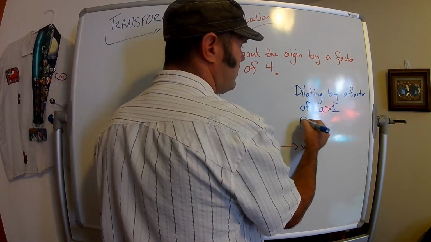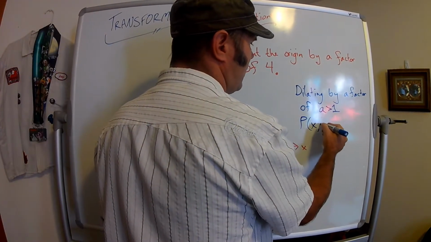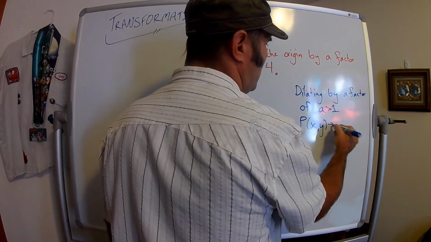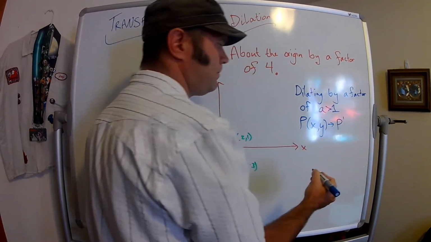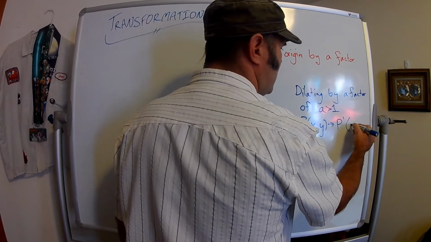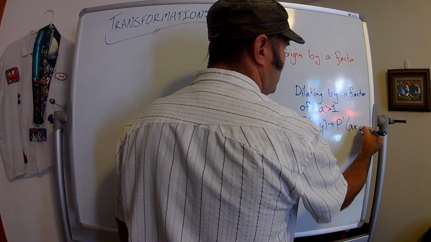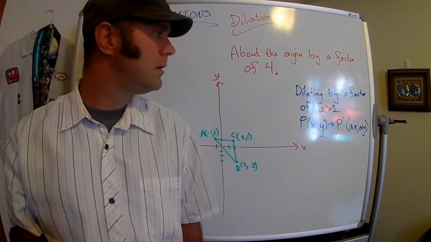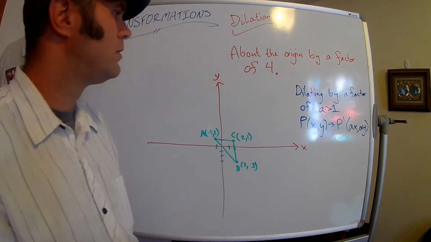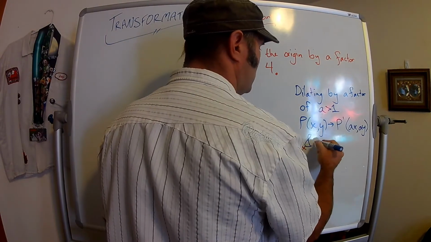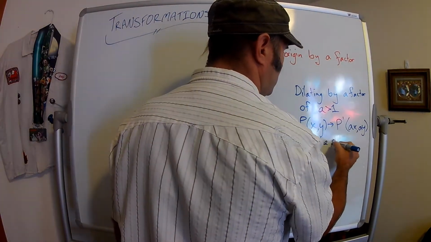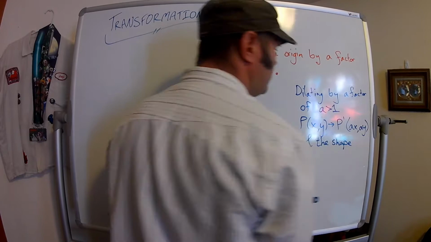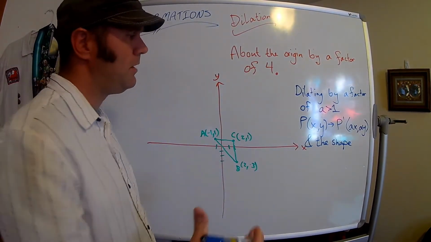All points, point P, x comma y, become point P prime, ax comma ay, and the shape stretches. It means it gets bigger.